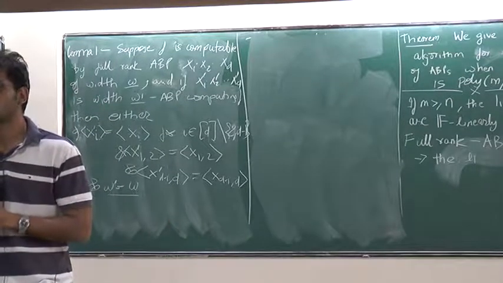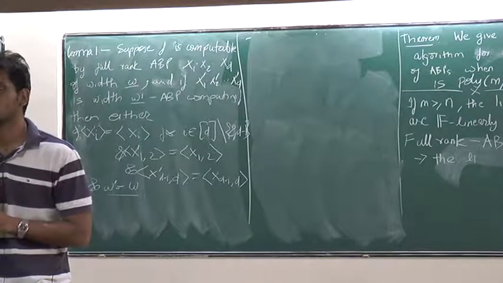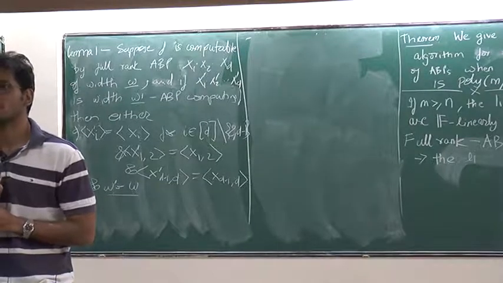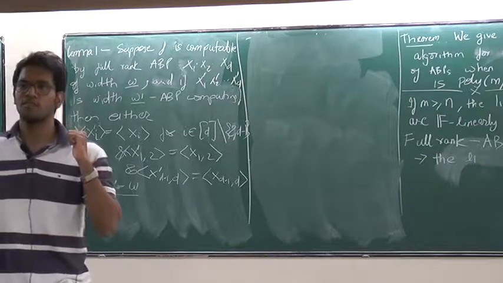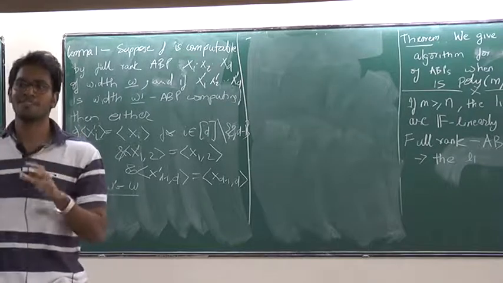At least I don't know. I was trying to give a hitting set for this model, for a full rank ABP. So this is non-zero, but hitting set I don't know.